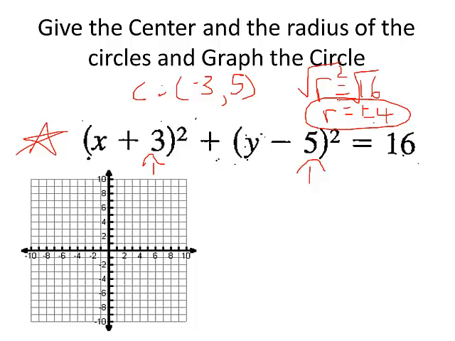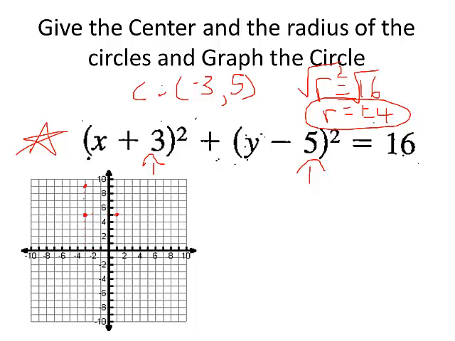So the thing you start off with on the graph is the center point: you go to the left 3, up 5. That's our center point right here, (-3, 5). From here, you use the radius to go up 4: 1, 2, 3, 4. To the right 4: 1, 2, 3, 4.